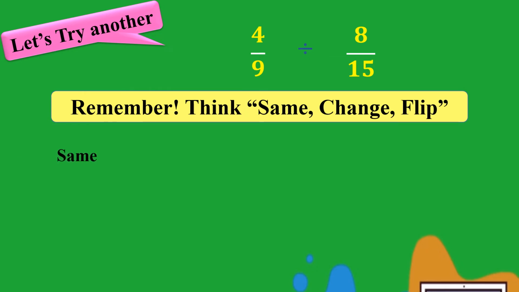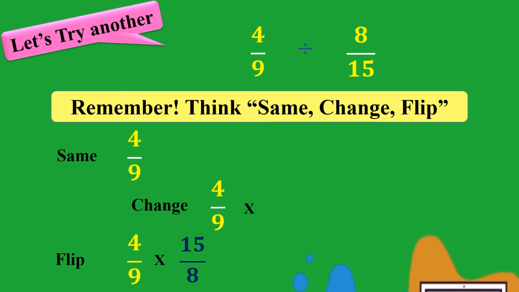So the first fraction will be same, and we have to change the symbol division to multiplication, and flip means we have to flip our next fraction, and that is 15 upon 8, because 15 will be the numerator now and 8 will be the denominator. So 4 upon 9 multiply by 15 upon 8.